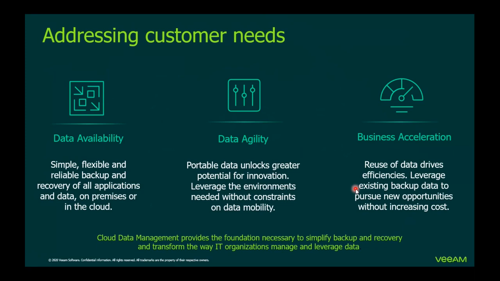Now the last but not the least, business acceleration. We give you a complete GUI view, a dashboard view, a reporting view of what is happening inside your infrastructure. For example, if you have an environment running thousands of VMs and you are not aware of how your VMs are behaving, then Veeam ONE is the product which can give you complete visibility of your environment.